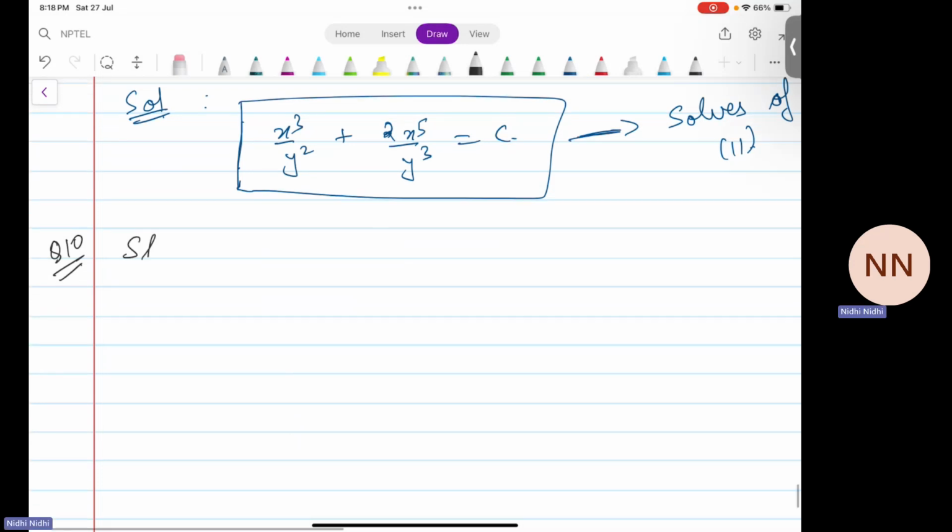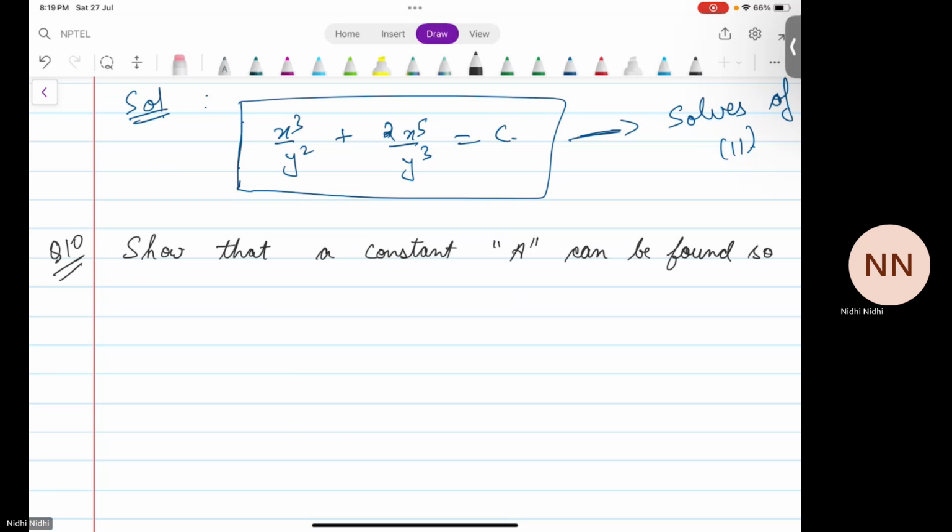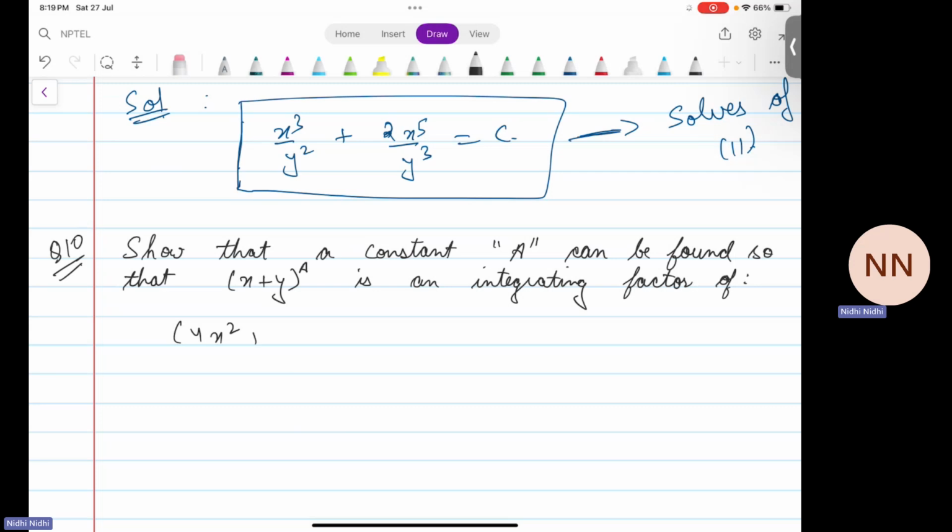So our next question is, show that a constant A can be found so that (x plus y) to the power A is an integrating factor of (4x squared plus 2xy plus 6y) dx plus (2x squared plus 9y plus 3x) dy is equal to 0.